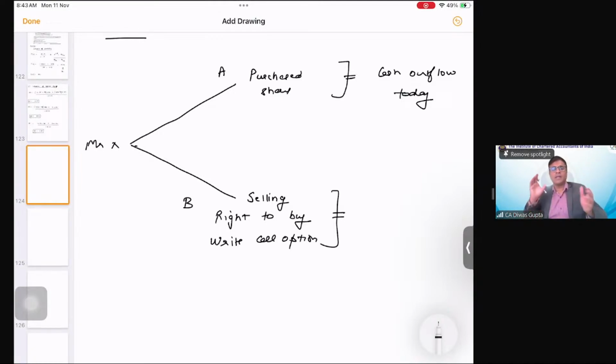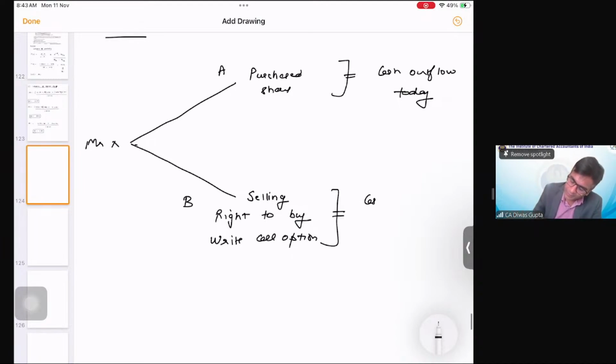If I'm saying the settlement is happening on a gross basis, the shares are purchased today, and for that we will have the cash outflow today. And under this option that we have sold, we will sell the shares and realize the strike price. Correct. So cash inflow will be the strike price.